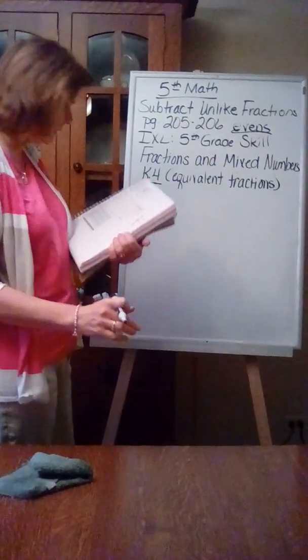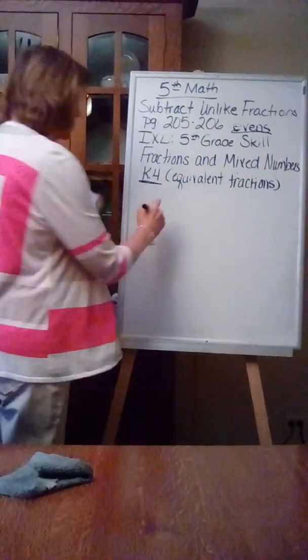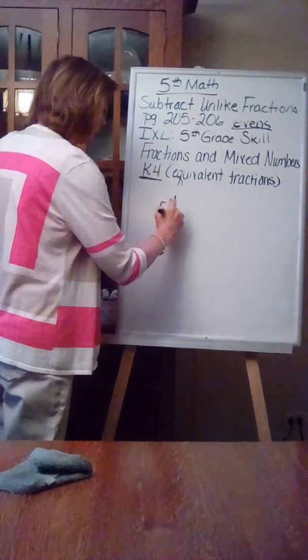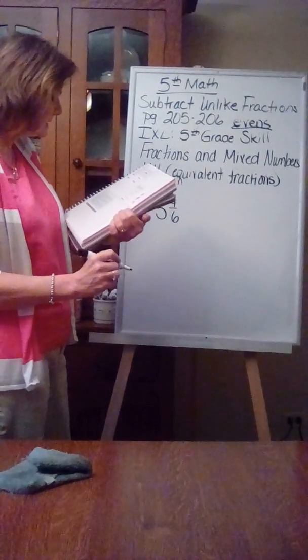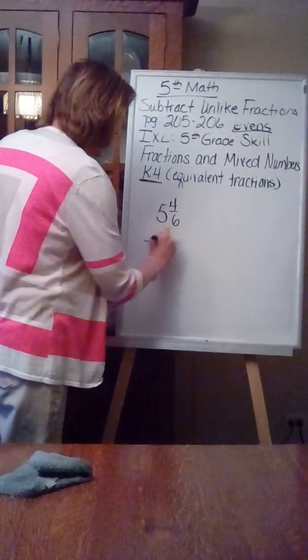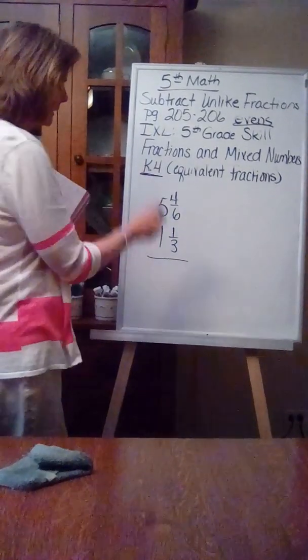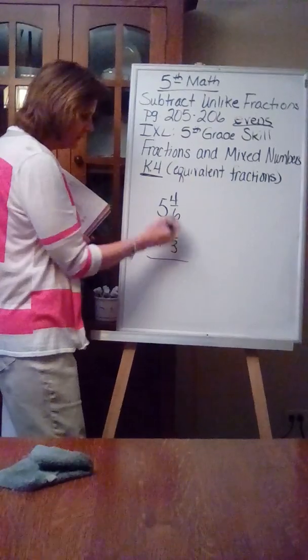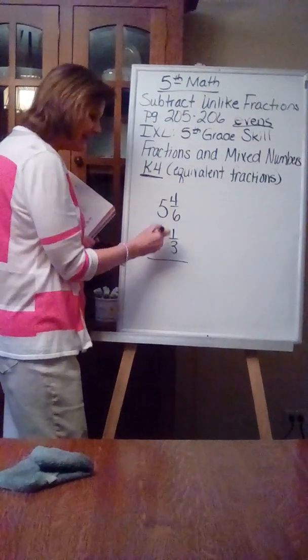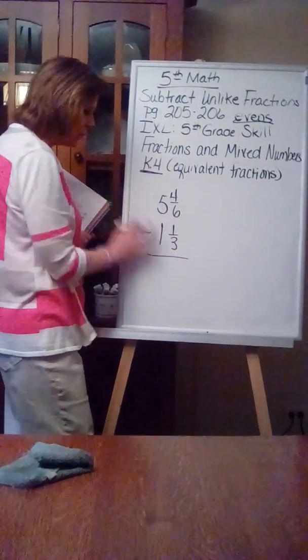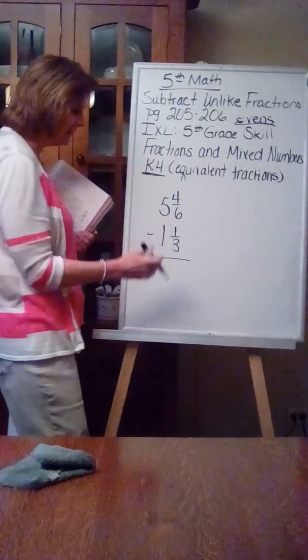9 says 5 4/6 minus 1 1/3. When we're making equivalent denominators, I leave my whole number the same. I don't need to do anything with that unless I would have to borrow.